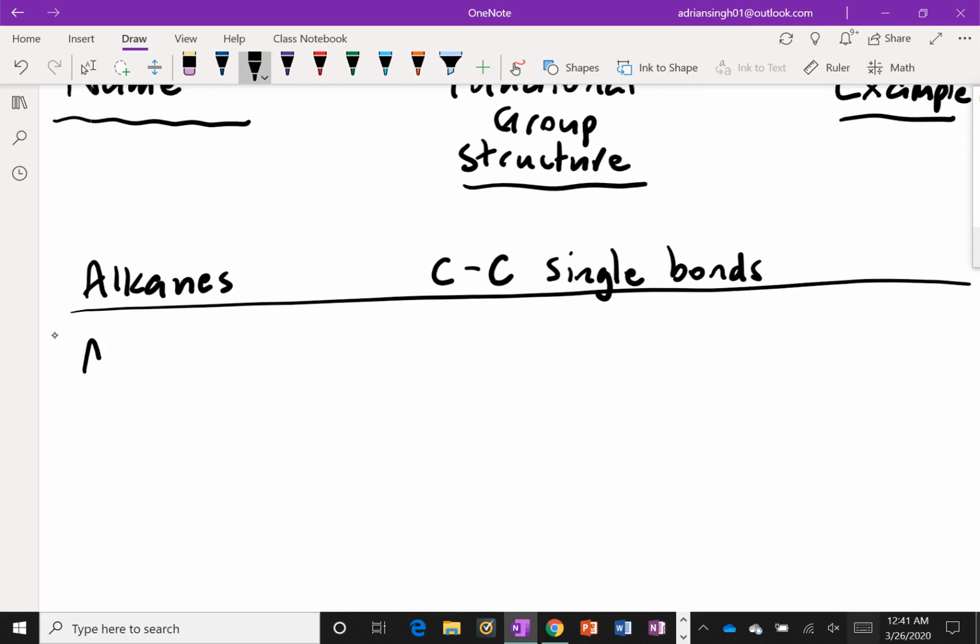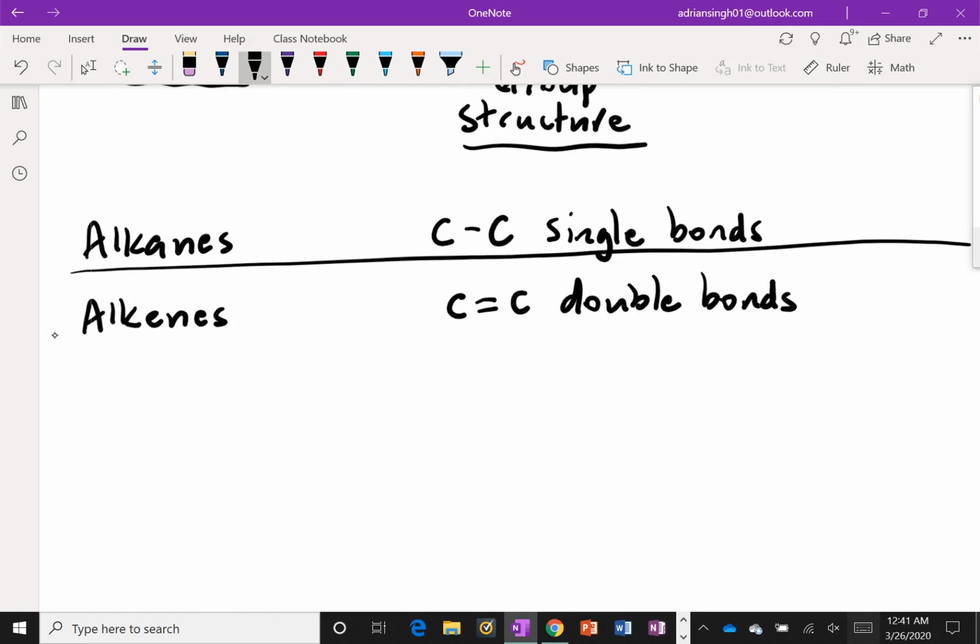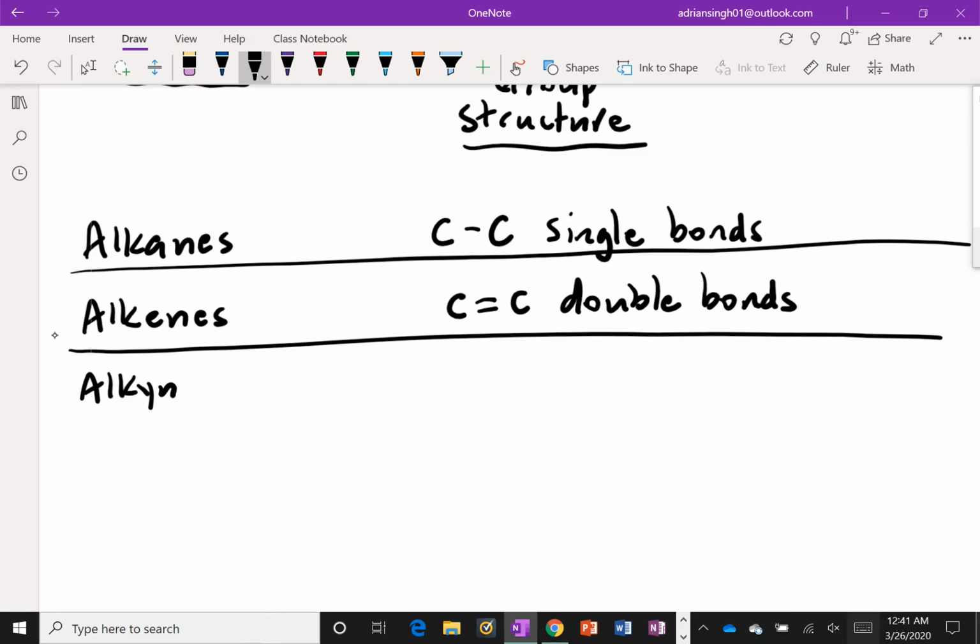We've looked at our alkenes, which had carbon to carbon double bonds. And then we've also looked at alkynes, which had carbon to carbon triple bonds.